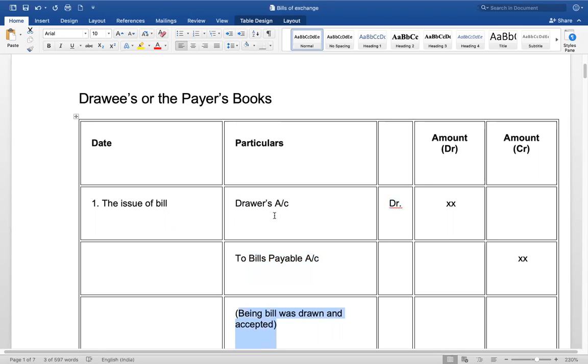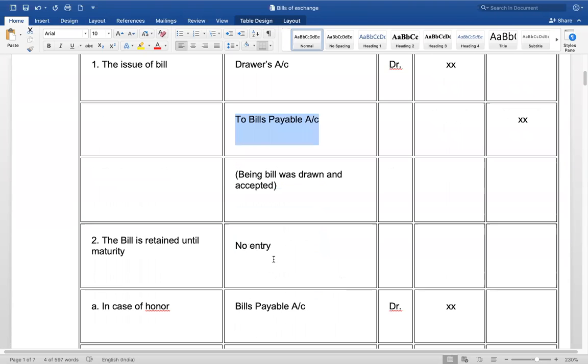The drawer has drawn the bill on the drawee, and that bill is a bill payable. To the payer, it's a payable.